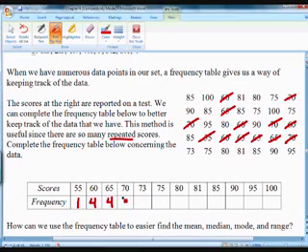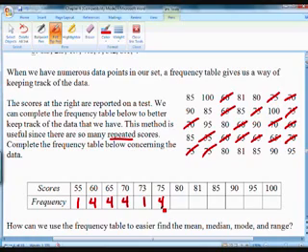Is that all? 73 occurs, that's an odd score with all these other ones, just once, because the other ones all, well, there's an 81. 75, 1, 2, 3, there's a fourth, 4, good job.